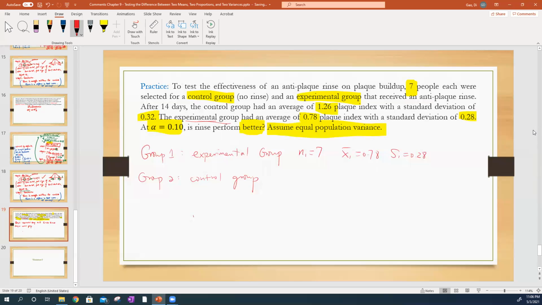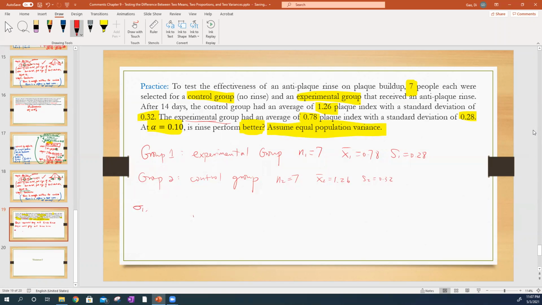And then for the control group, n2 equals 7, x2 bar equals 1.26. And then s2 equals 0.32. And assume population variances are equal, and we're given the sample information.